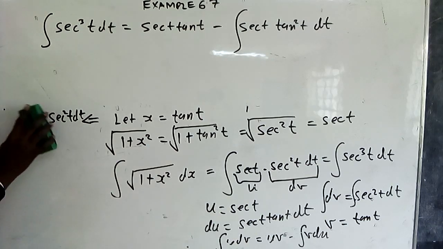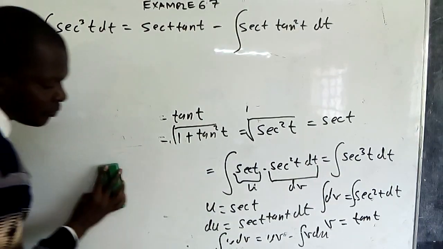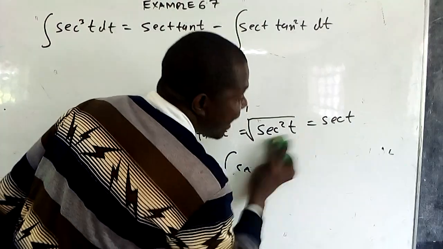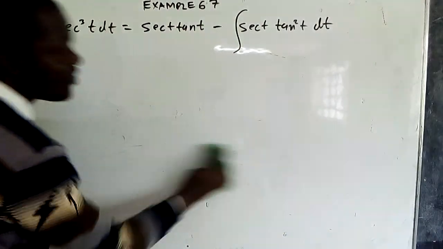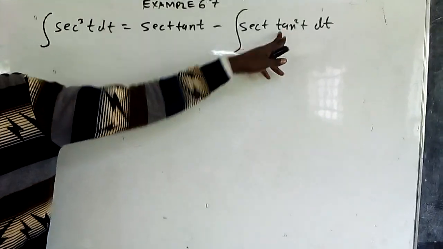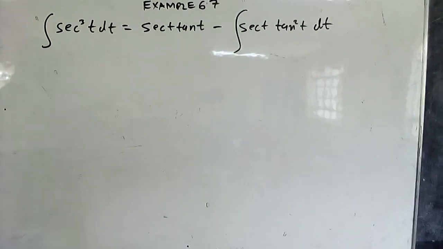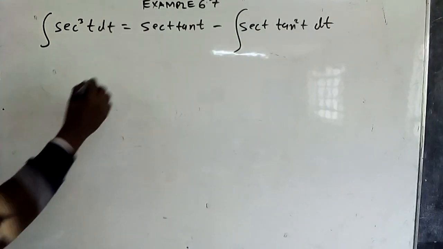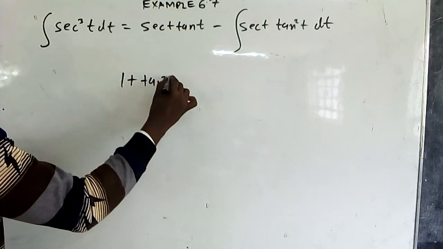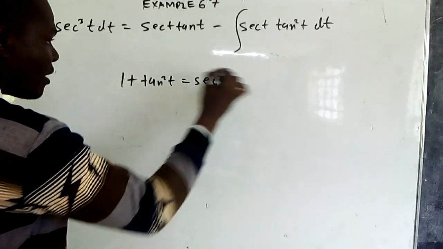Good. So having done that, it is now direct. At that point, this tan squared t you transform to sec squared t using the Pythagorean identity, isn't it? We know very well that 1 plus tan squared t is sec squared t.